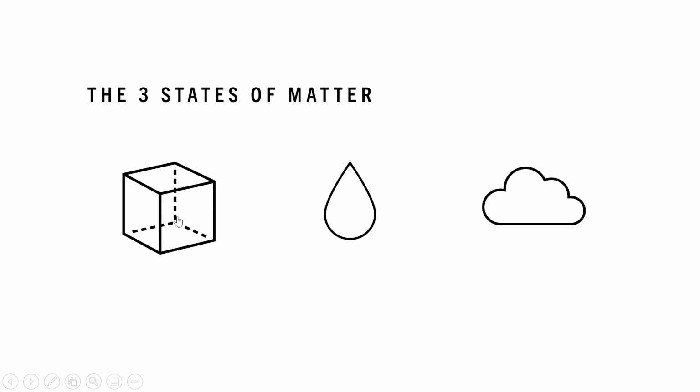So what would you call this? Would you call it a block, right? And you'd be like, maybe that's a drop of water and that's a cloud. Now these are here to represent the three states of matter. This right here is a solid. This is a liquid. And lastly, this is a gas. So these are what we are going to be calling the three states of matter: solid, liquid, and gas.